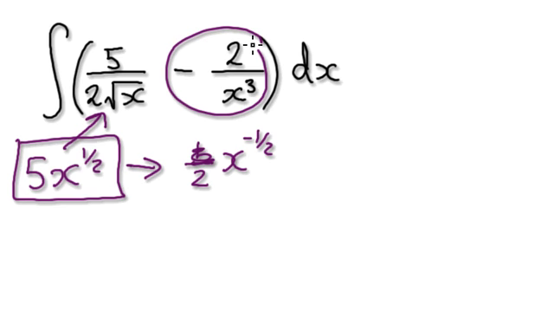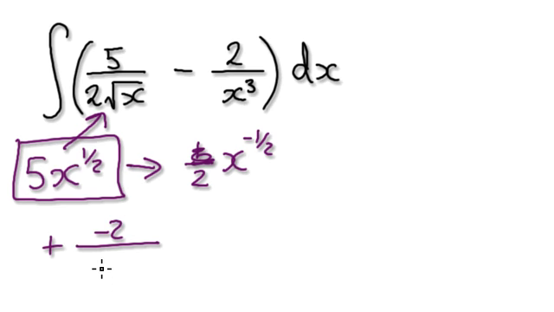Okay. Now let's concentrate on this term here. So visualize this thing as plus minus a half over x to the power of 3. But then visualize this thing as something.